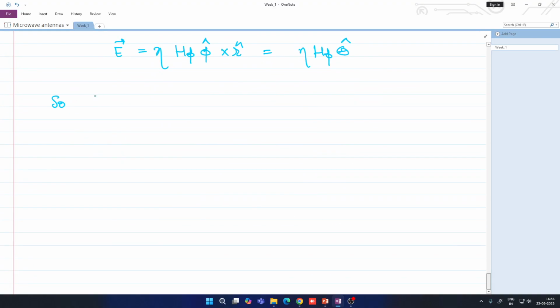So only the theta component is non-zero for the electric field.